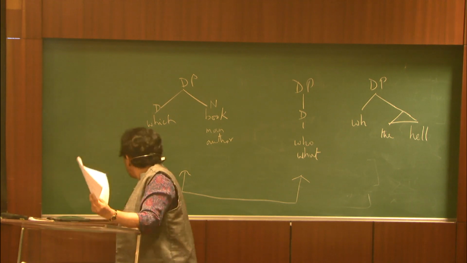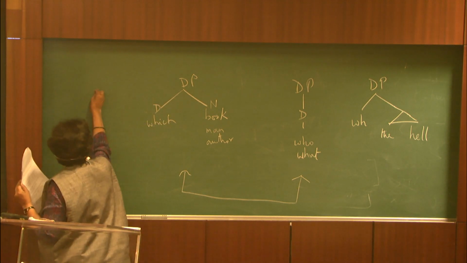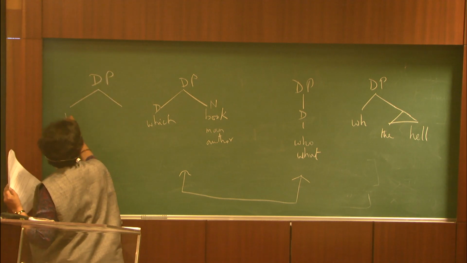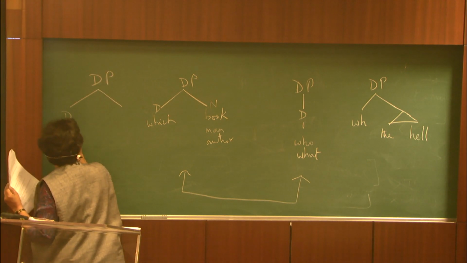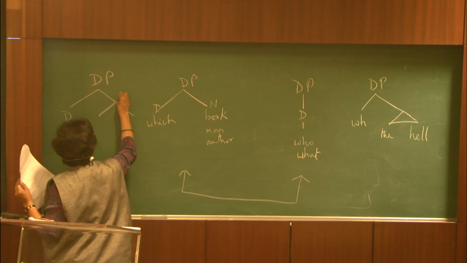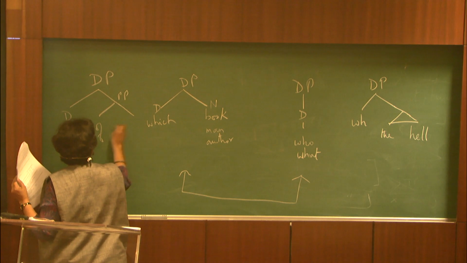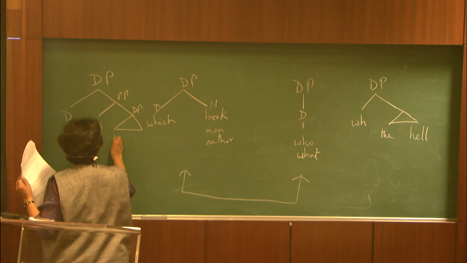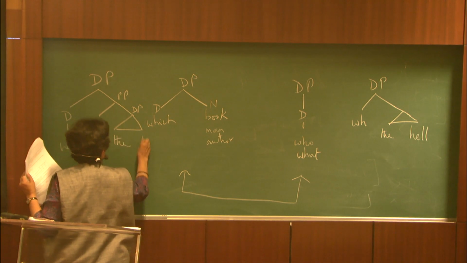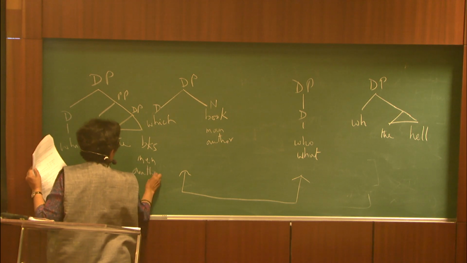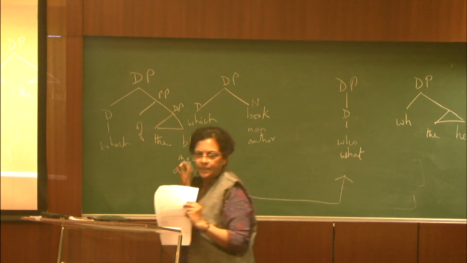appearances notwithstanding. So I'm bringing another structure into the game, which is which of, and I guess the partitive would be a DP, the books, men, authors, whatever, right?